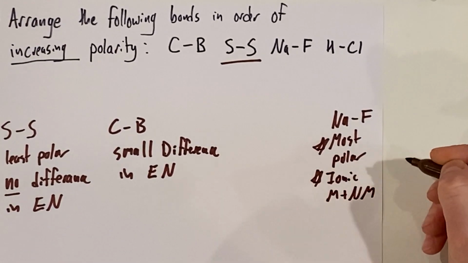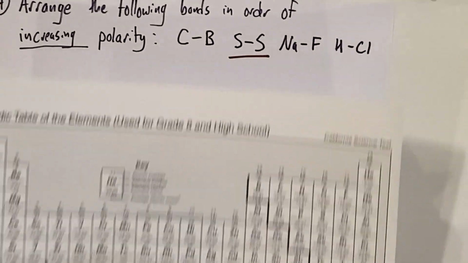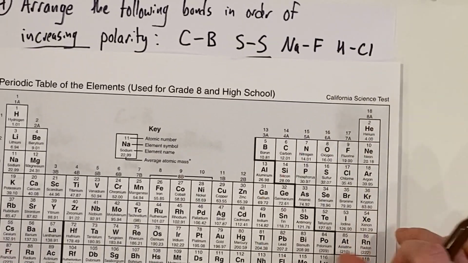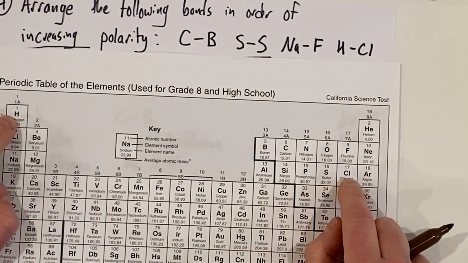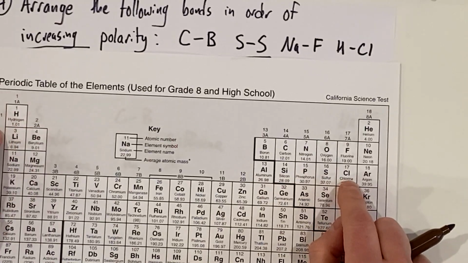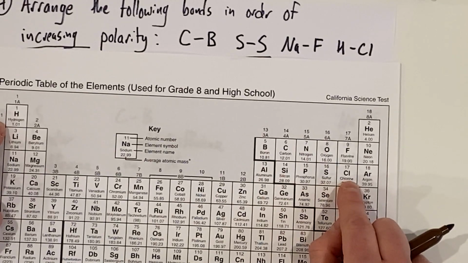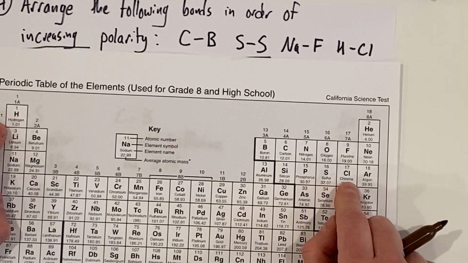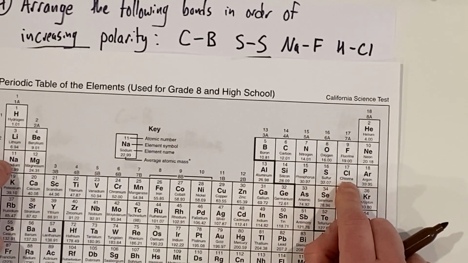Metal plus nonmetal. Okay, and just to confirm, let's look back here for HCl. Remember, hydrogen and chlorine are both nonmetals. Hydrogen's a nonmetal. It's the one exception. It's on the left-hand side of the staircase. So they're pretty far apart. So this is definitely going to be a polar bond, but not quite as polar as the bond between sodium and fluorine.